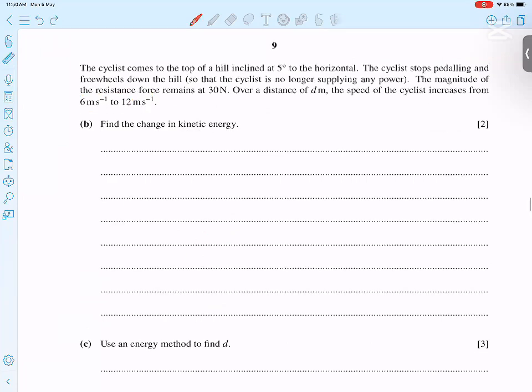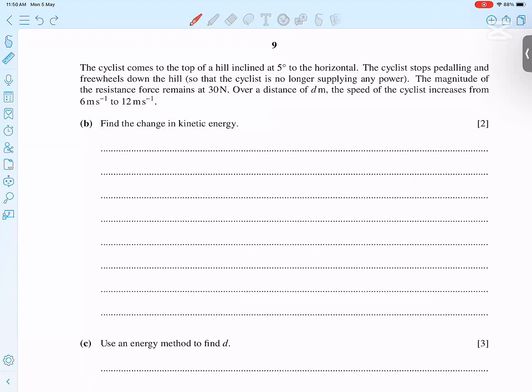What is the formula? The change in kinetic energy is half mv squared minus half mu squared. Half and mass I take common outside. I get 70 outside.